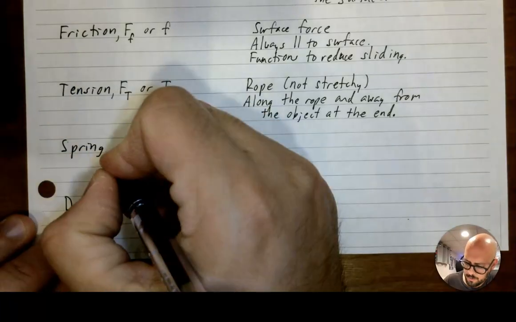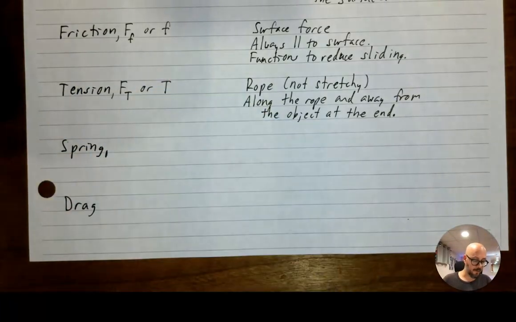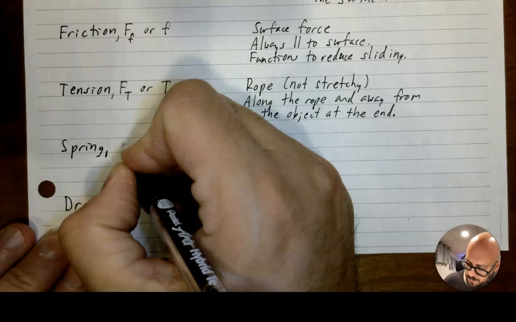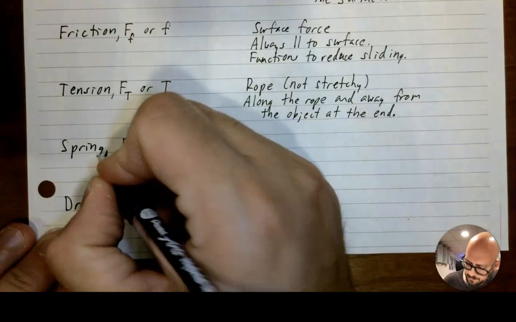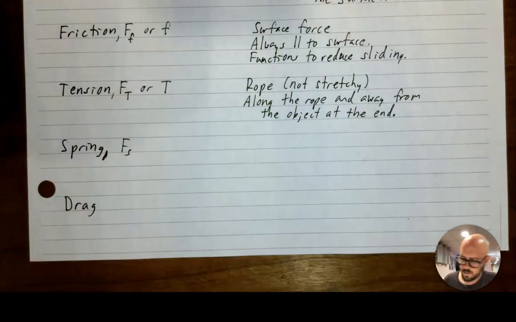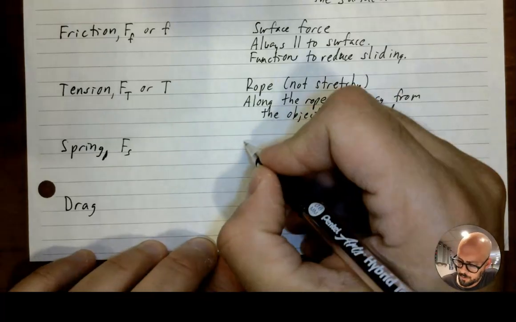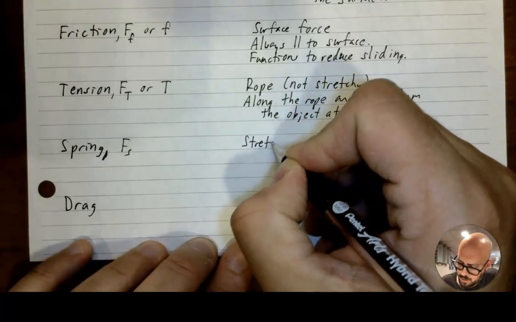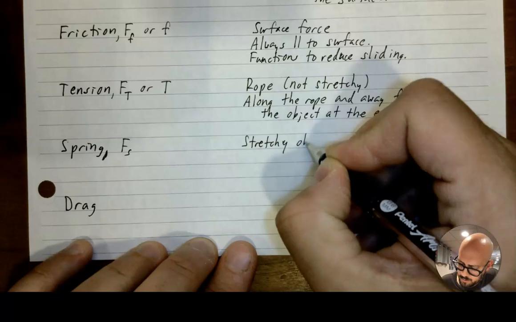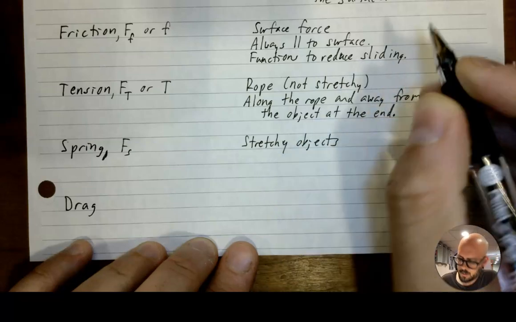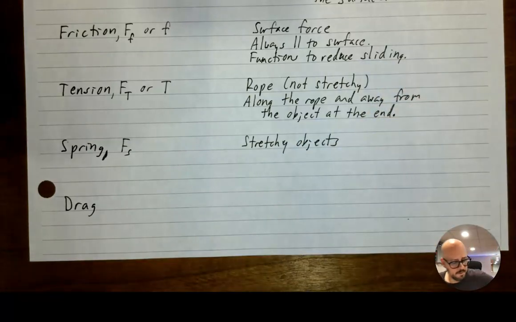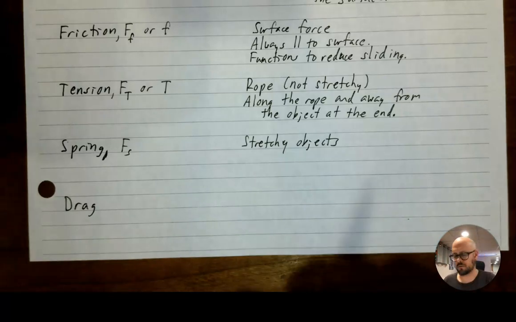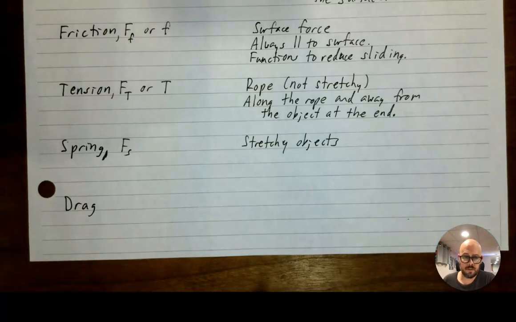Next up, we have the spring force. Now, the spring force and the tension force are very similar. This is going to be F sub S. And the spring force is reserved for stretchy objects. It has the same rules as tension, and it's caused by the same reason.